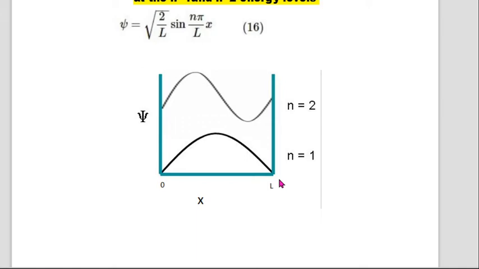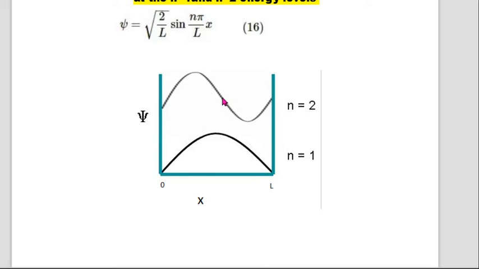Then we take the wave function for n equals 2. There we can find two humps. Initially, the wave function increases, attains a maximum, then decreases and becomes 0 again at the midpoint, that is L by 2.